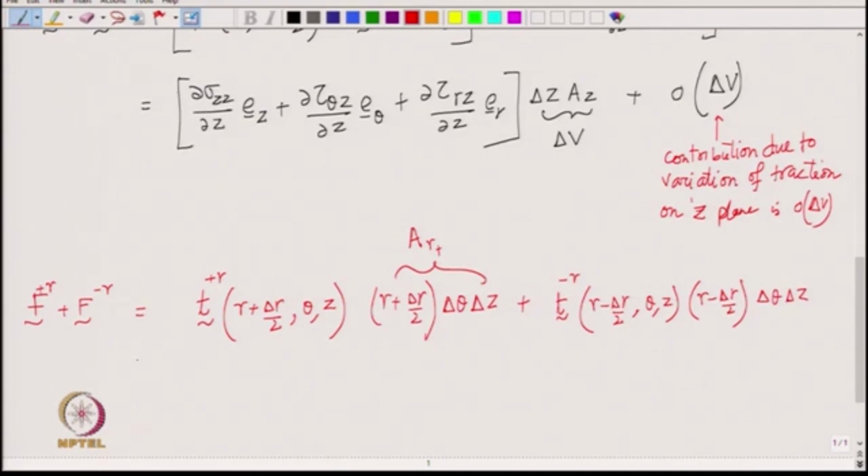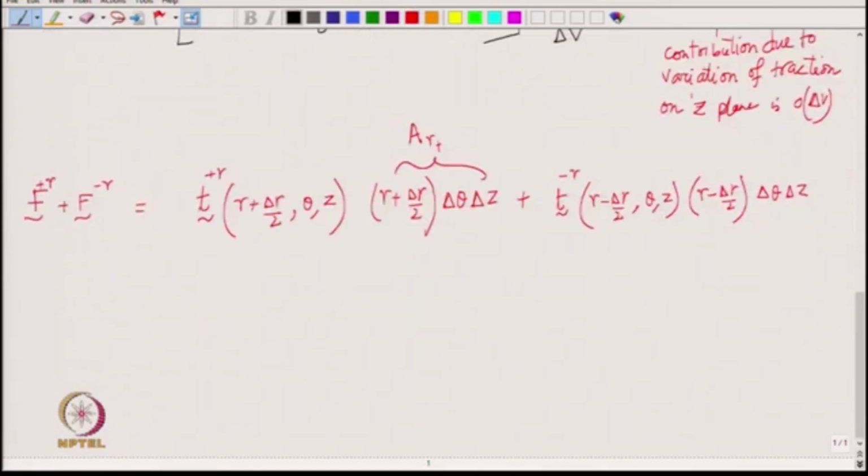So, that is the total force. So, we again here assume that the traction is not varying on the plus r plane or on negative r plane, it is a constant. So, therefore, we simply multiplied with the area of those planes. Okay. But now think of, we have to again do Taylor's expansion. Before that, we will have to expand t plus r and likewise t minus r.